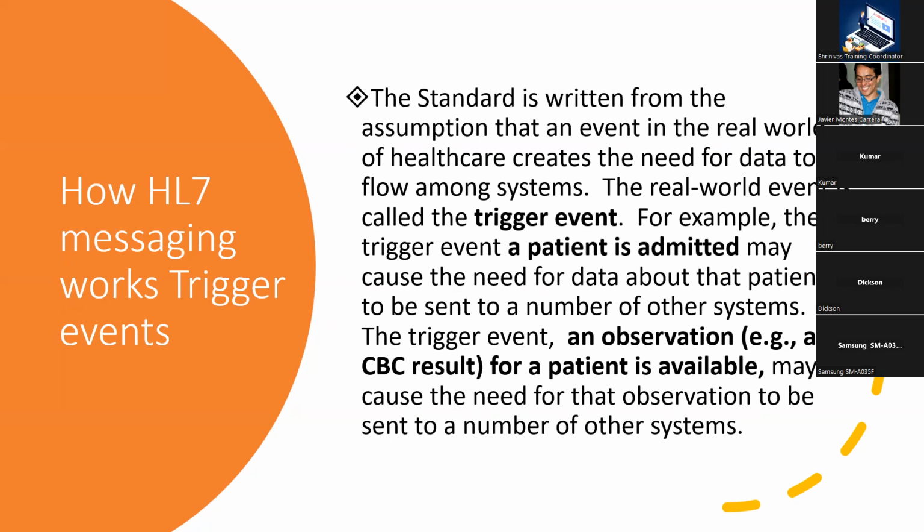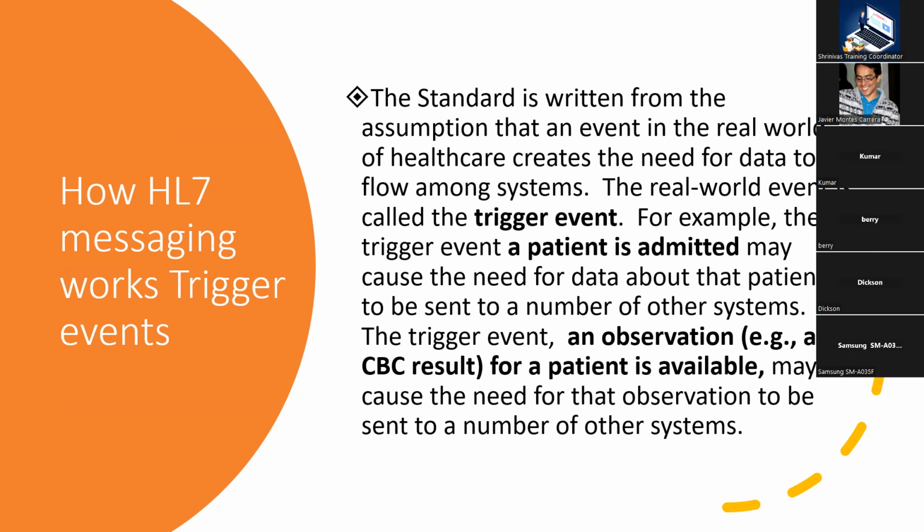If so, they would take the demographic details like name, date of birth, gender, and so on. Capturing all of those details is called one event. And that event demands the data to be sent from one system to another.